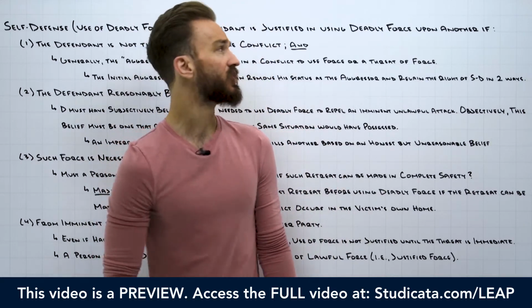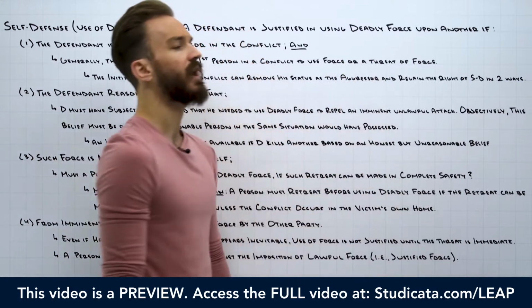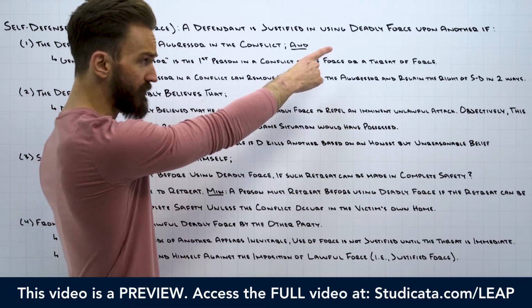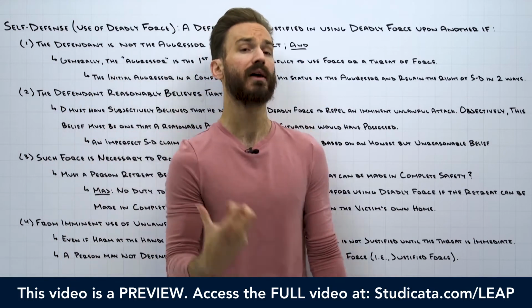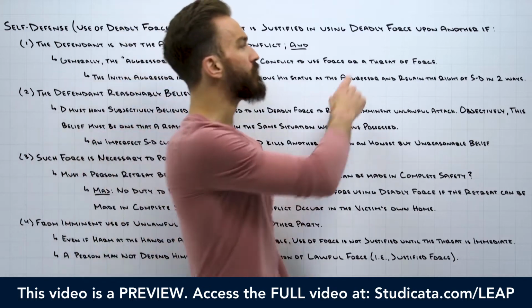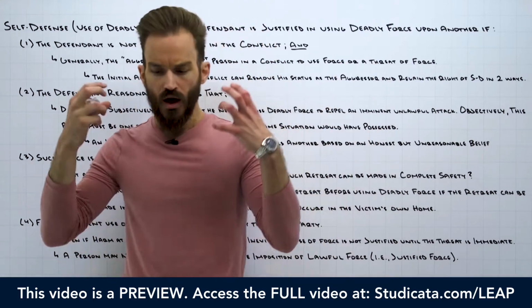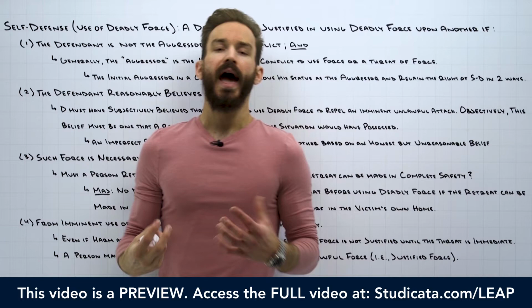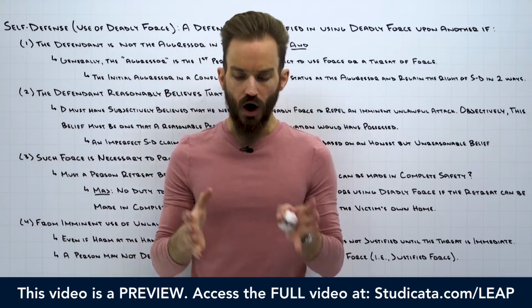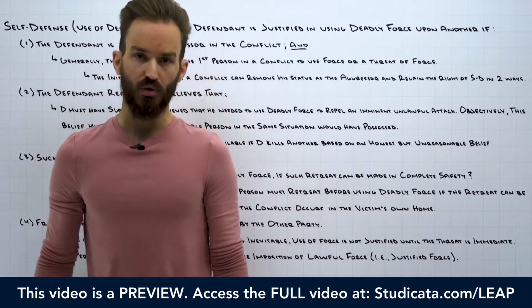It's the definition of non-deadly force. So the defendant is not going to be justified in using deadly force to respond to a threat of non-deadly force. This is always step one in the analysis, and it's something we really want to look at as we're analyzing self-defense fact patterns. We always want to be aware of proportionality.